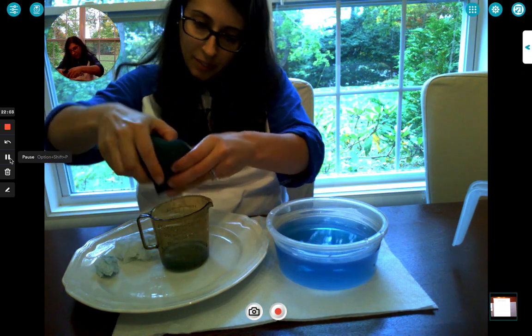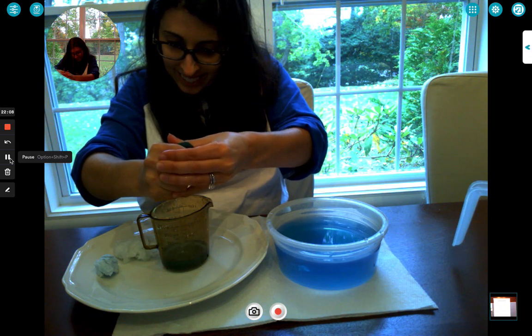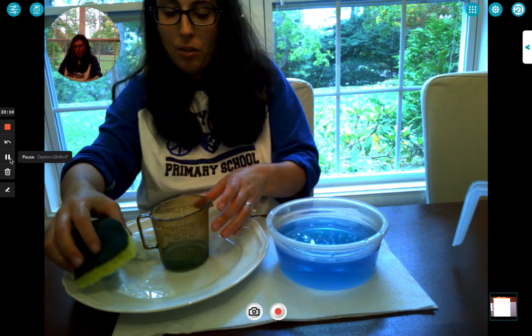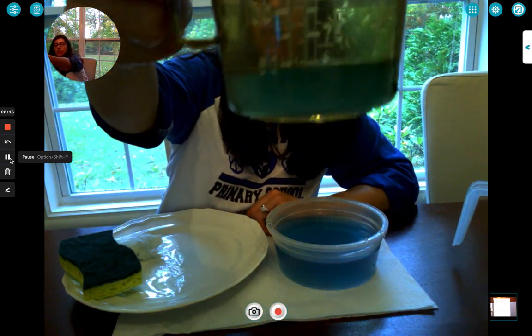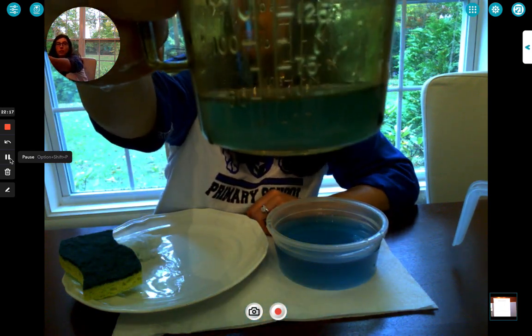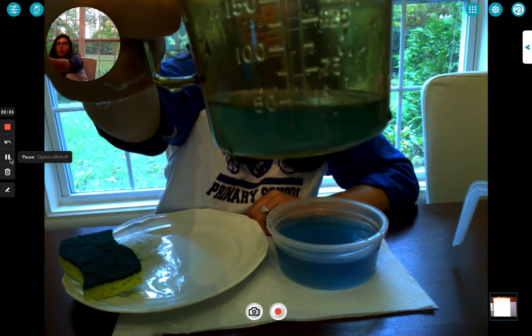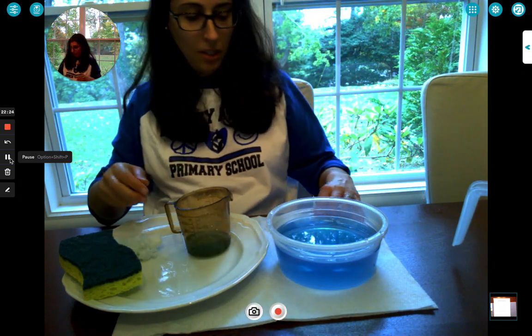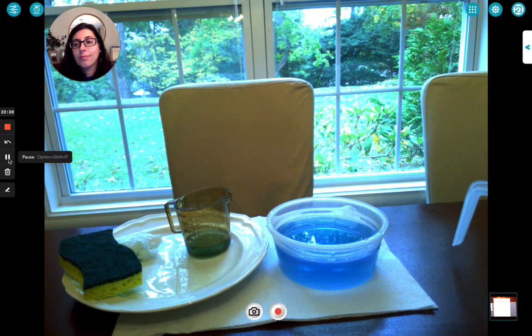Oh, I'm really squeezing this as hard as I can. Oh my goodness. Okay. Now, let's see here. Hold it up. Can you see where it measures? Yeah, it measures up to that 50 line mark, 50 milliliters. So now we'll record those results. All right, so it measured to like exactly the 50 milliliter mark.